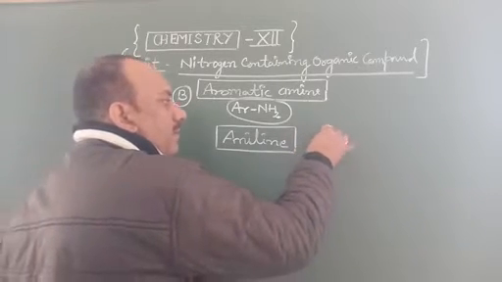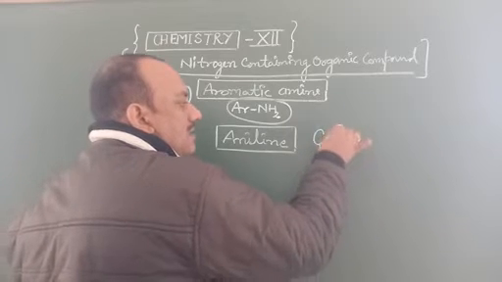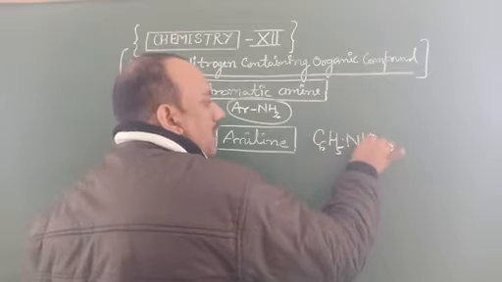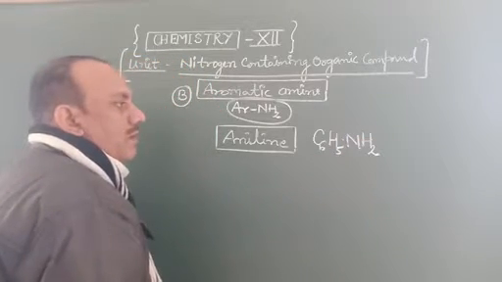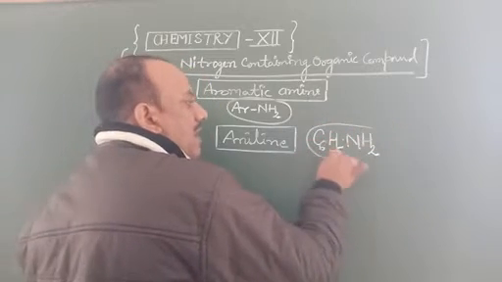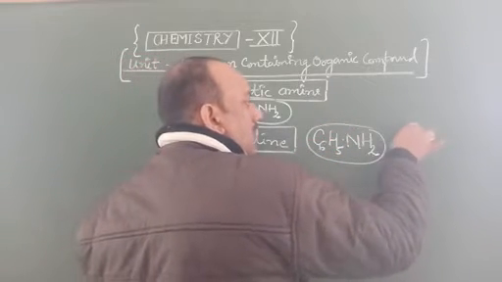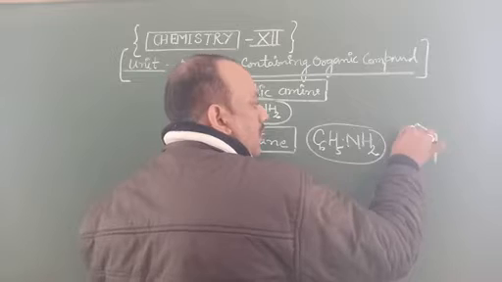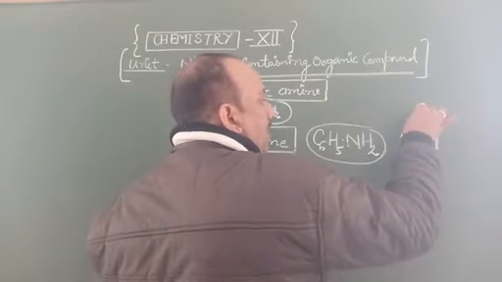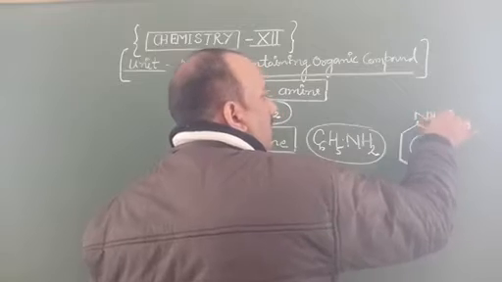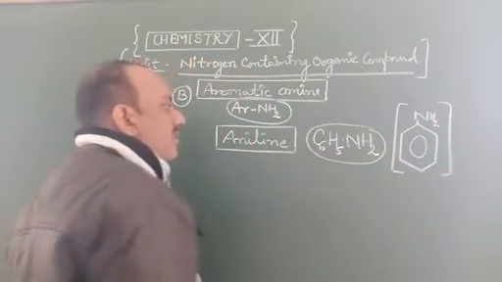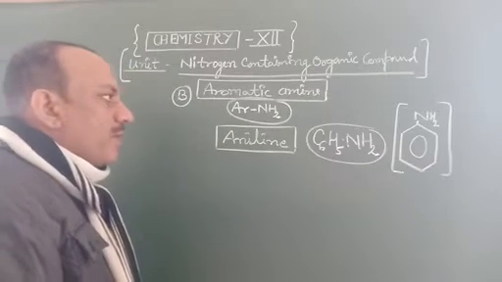Its molecular formula is C6H5NH2 and its structural formula is a phenyl ring with NH2 attached. This is the structural formula of aniline.